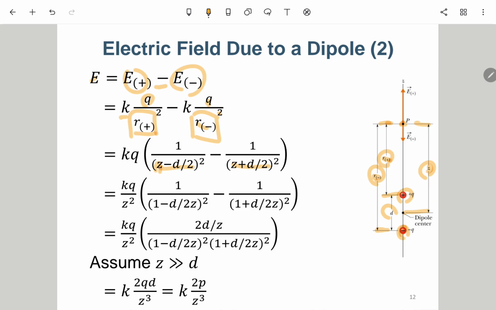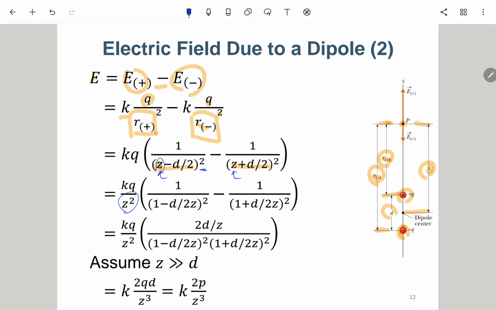In that case, we try to factor out a z square, so that we make this a 1 so that we can do some expansion, or maybe you can simply do some approximation. So here we factor out a z. Of course this is a square, so it turns out to be a z square here.